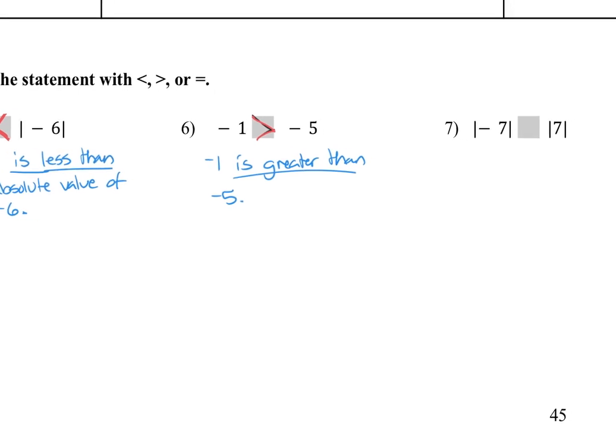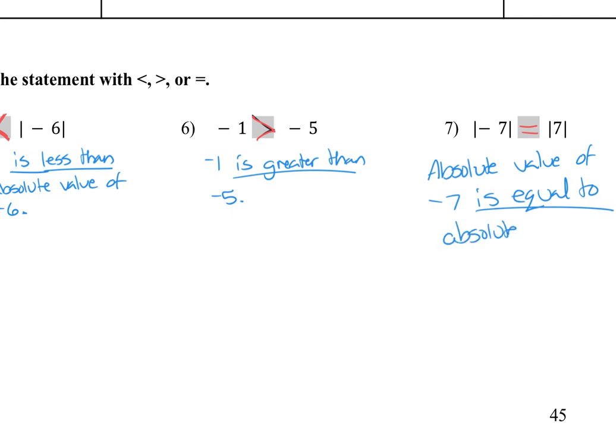Last one. What will we put there? Equal to. Good. Absolute value of negative 7 is equal to absolute value of 7.